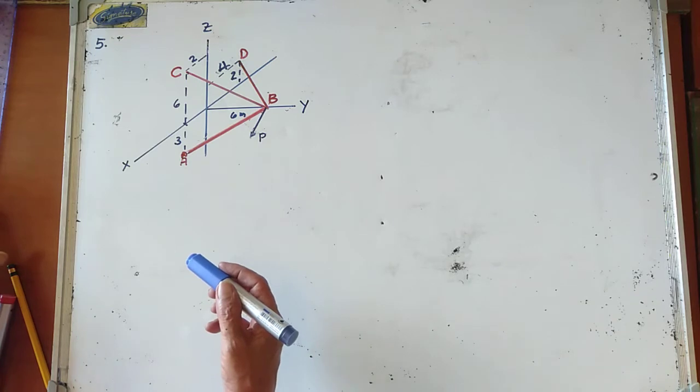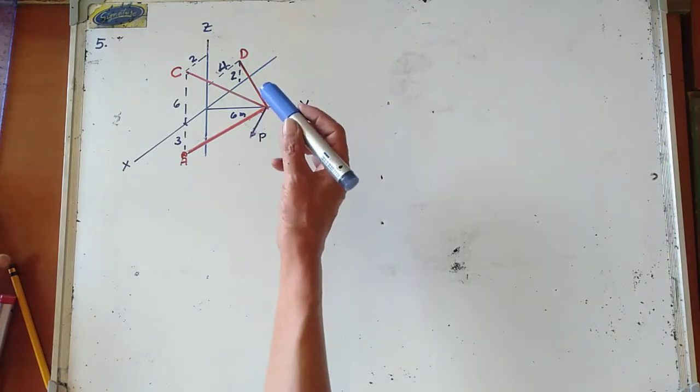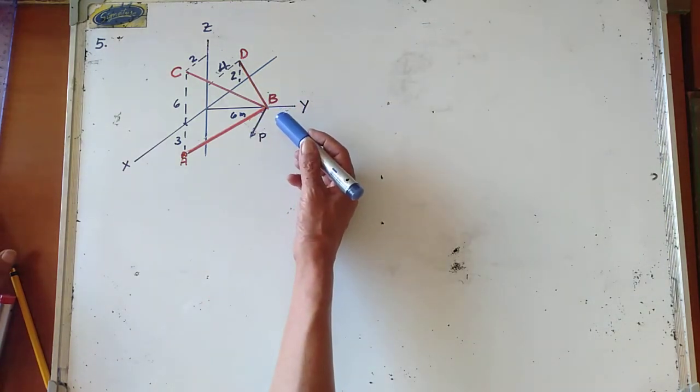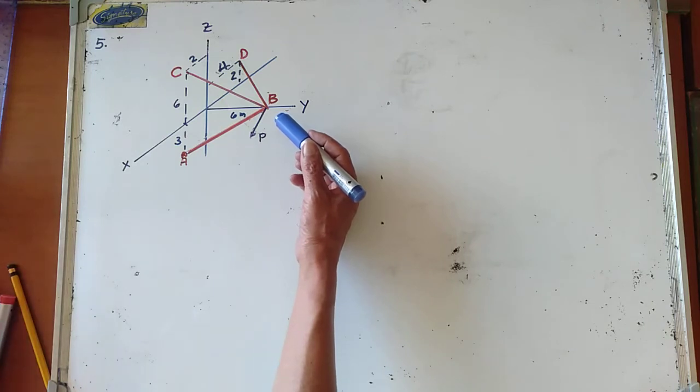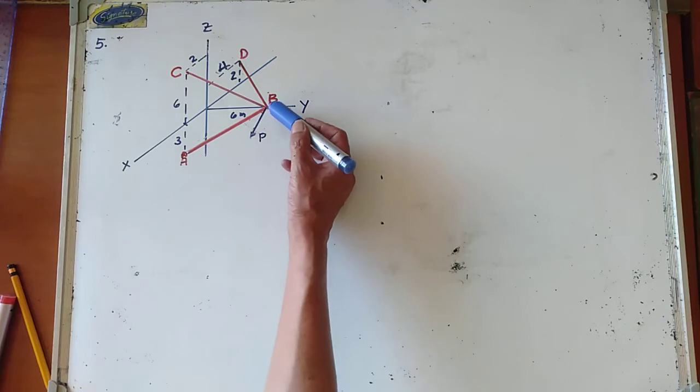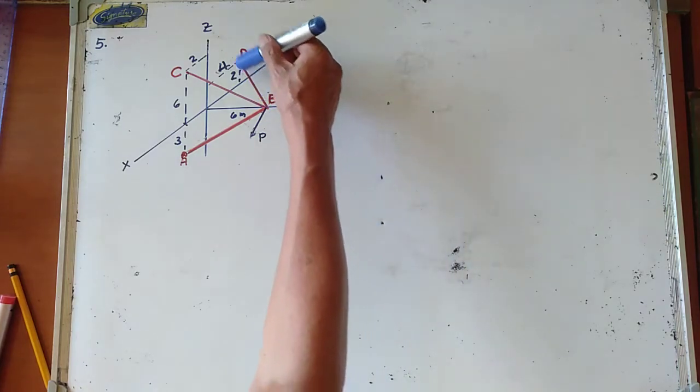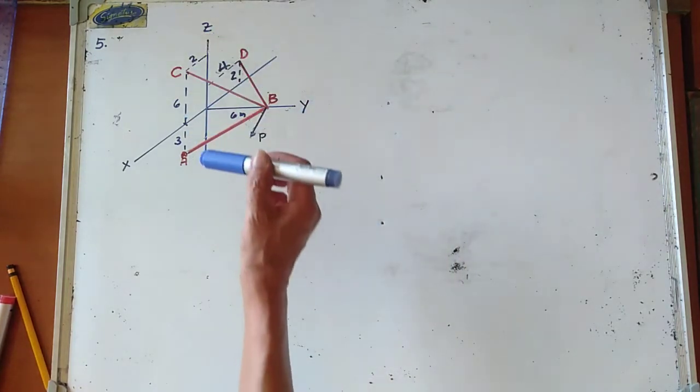From the figure, we have 2 cables at B. So you have your cables BD and BC.